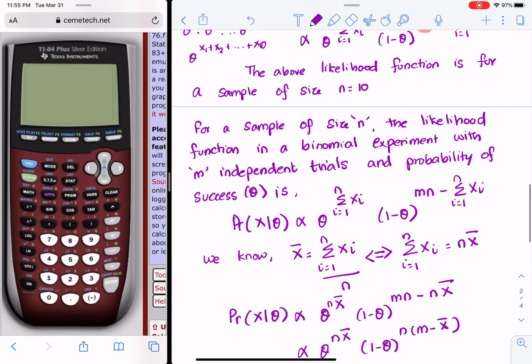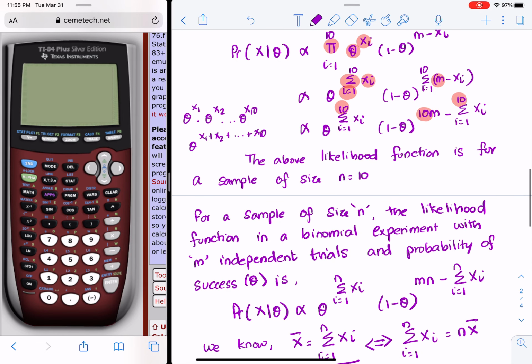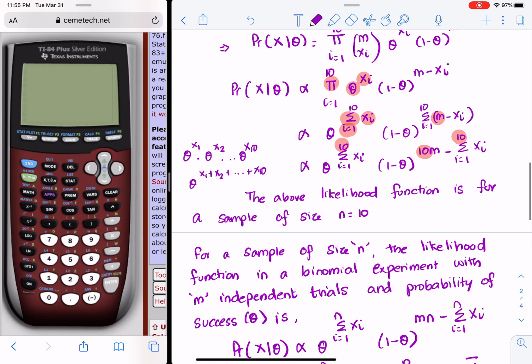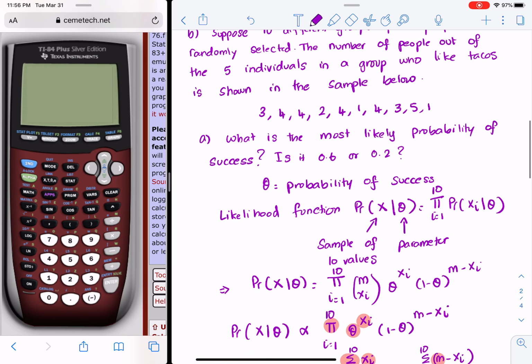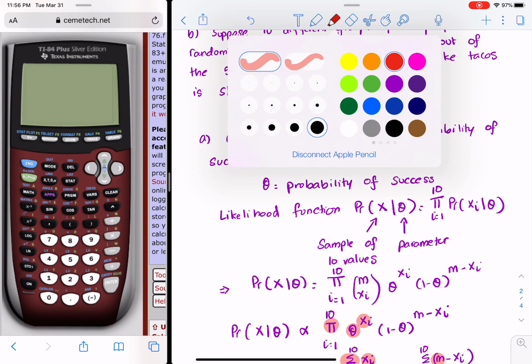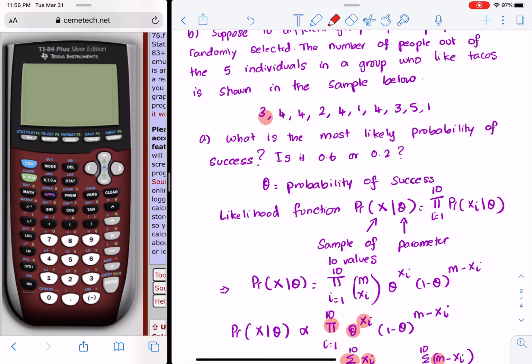Let's go back to our example where n is simply 10. We actually have the sample, which is from 10 groups: 3, 4, 4, 2, 4, 1, 5, 3, 5, 1. Each group has 5 individuals, and we asked them, and 3 out of 5 said they like tacos.